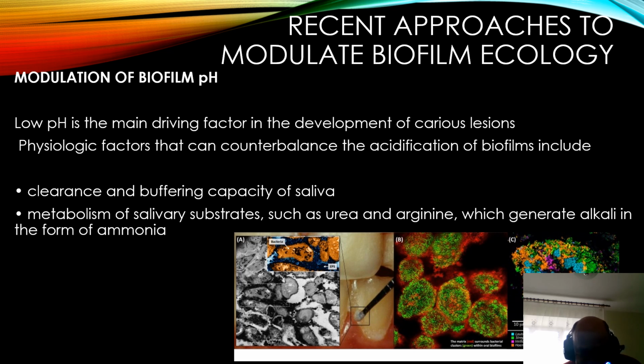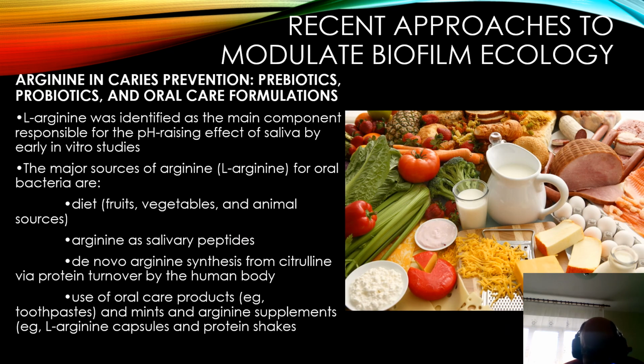Physiologic factors that can counterbalance the acidification of biofilm include clearance and buffering capacity of saliva, metabolism of salivary substrates such as urea and arginine, which generate alkali in the form of ammonia. We can use arginine in caries prevention to modulate biofilm ecology.